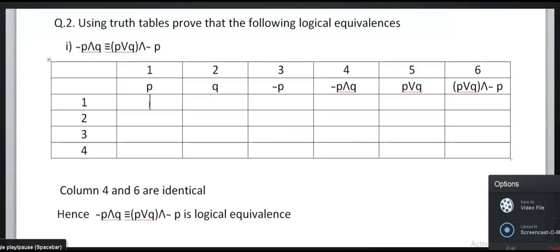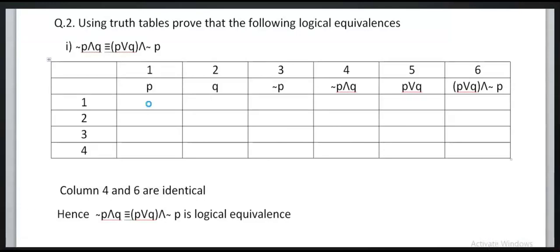Now see this here. First is double T, double F. Q is TF, TF. Negation of P is FF, TT.